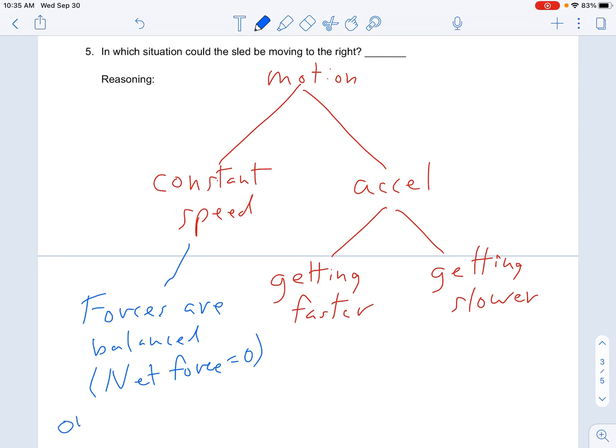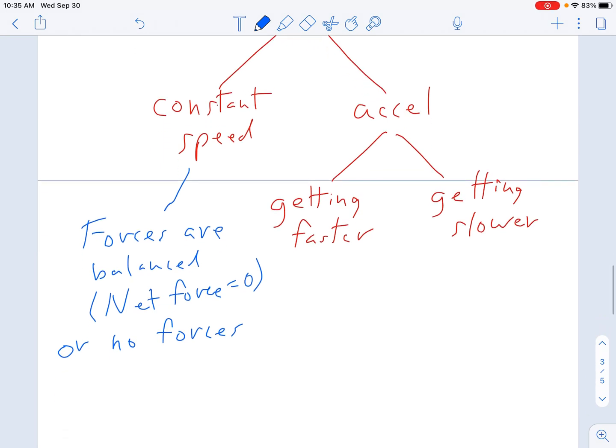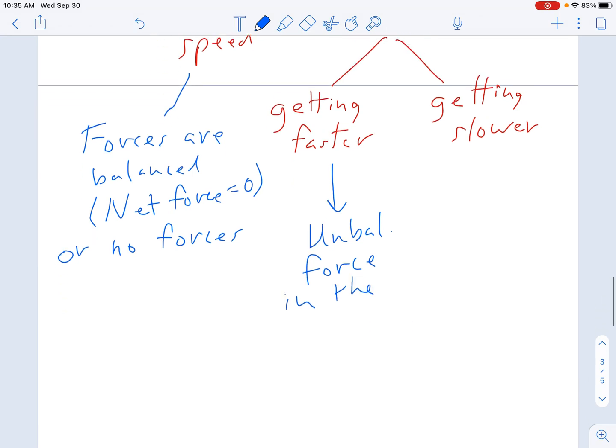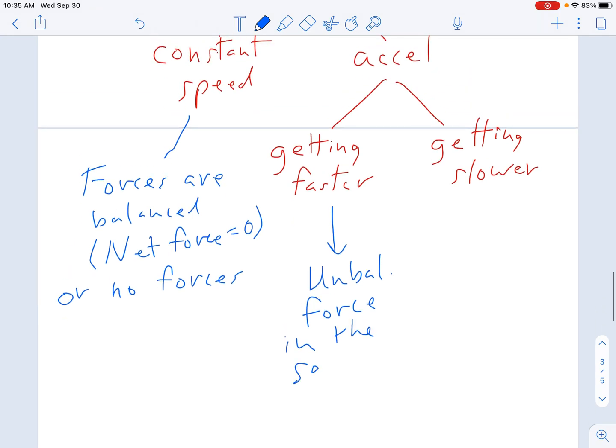Or it could also mean there are no forces at all, which is not really a realistic scenario because there's always gravity unless you're in deep, deep space where it's so small you can ignore it. But if it's getting faster, this would have to mean that we have an unbalanced force in the same direction as the movement.